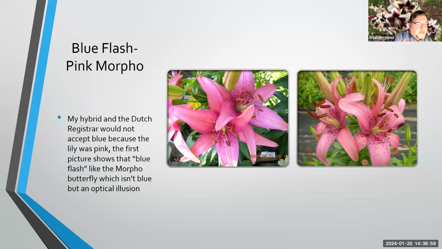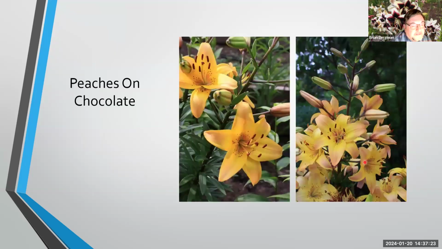And then the Dutch registry called me and said, you can't name it Blue Flash because it's not blue, it is pink. So that's when we named it Pink Morpho, because the Morpho butterfly is not blue, but it's the iridescence, the shape of the scales that gives it that blue flash. Next slide. It's an optical illusion for your eyes.